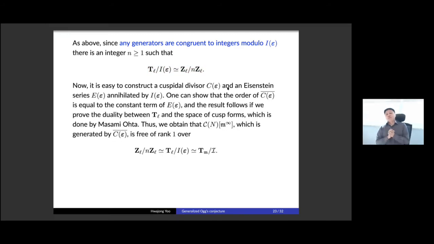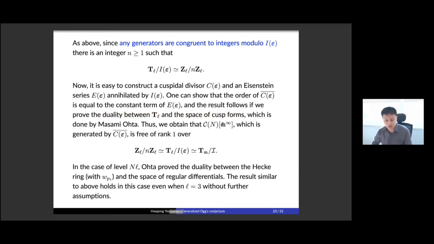So now, as in the prime level case, we can construct some cuspidal divisor and Eisenstein series annihilated by this ideal. Then we can compute the order, we can compute the constant term, and we can somehow use some duality between this new Hecke ring and the space of cusp forms, which is different from Kamienny's duality, but the argument is almost the same.